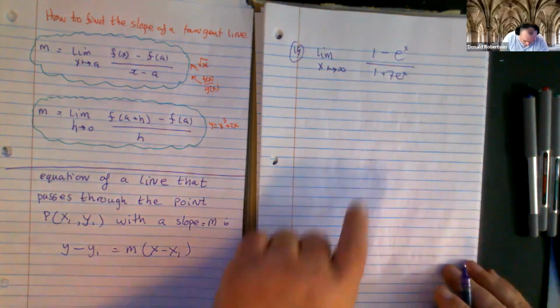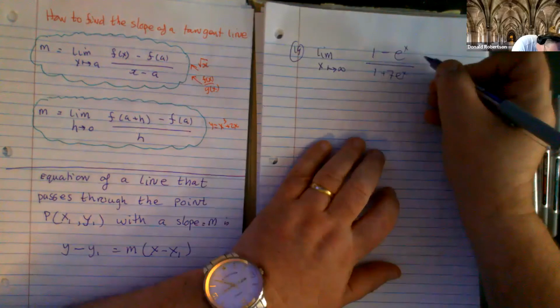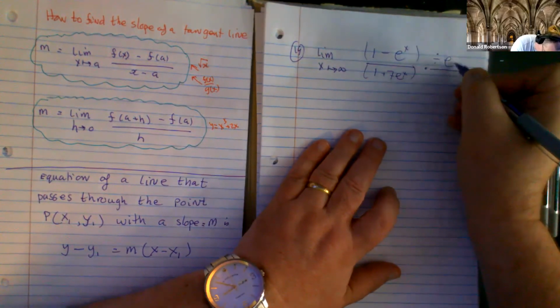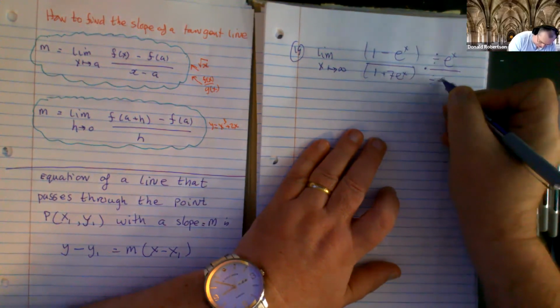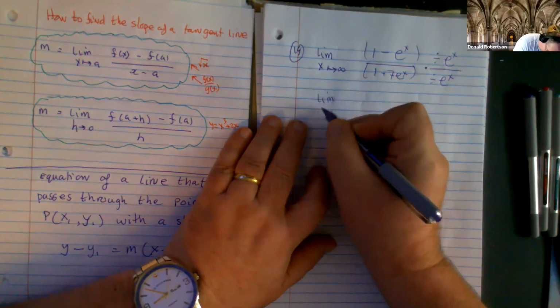Now I can look at that and say -1/7. But if I wanted to do a more formal proof, I would divide top and bottom by e to the x. Like divide top and bottom by x cubed, right? That kind of thing.